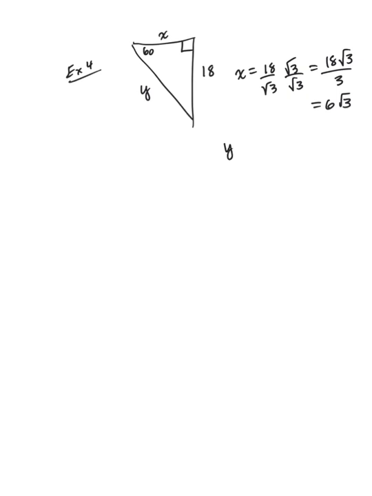Then the side across from 90 would just be double that. So how do you double 6 rad 3? You just multiply the 2 by the 6. So it's 12 rad 3. So it's going to be a lot of work with radicals, and I'm not sure what your strengths or your weaknesses are with operations with radicals. Okay, that is an Algebra 1 topic.